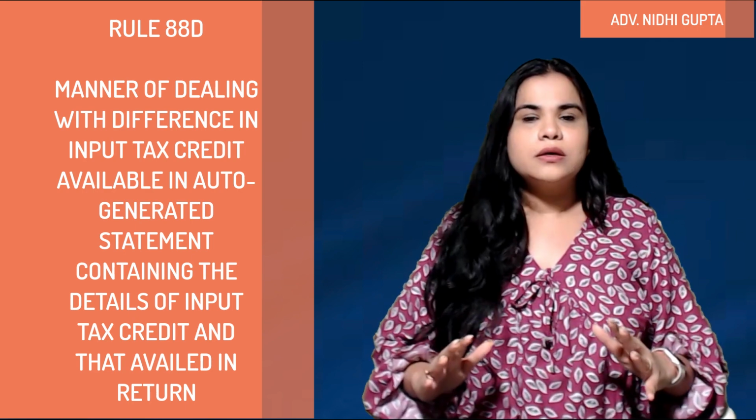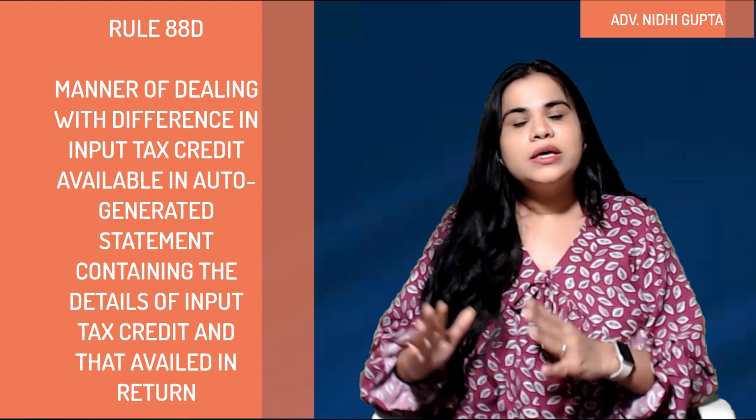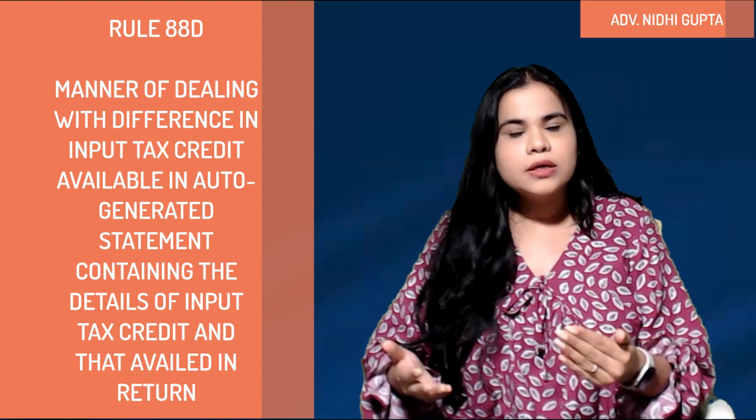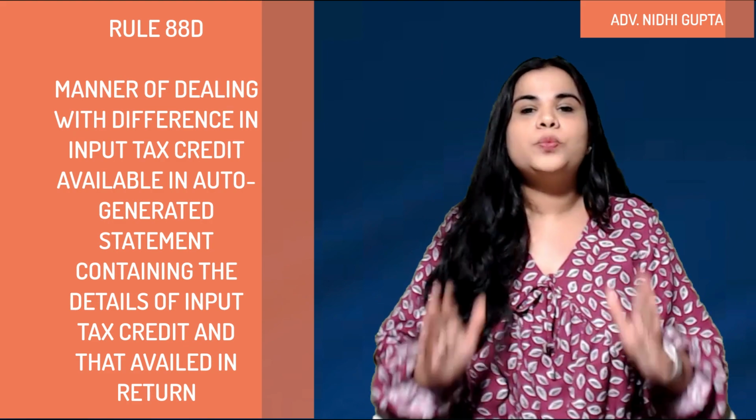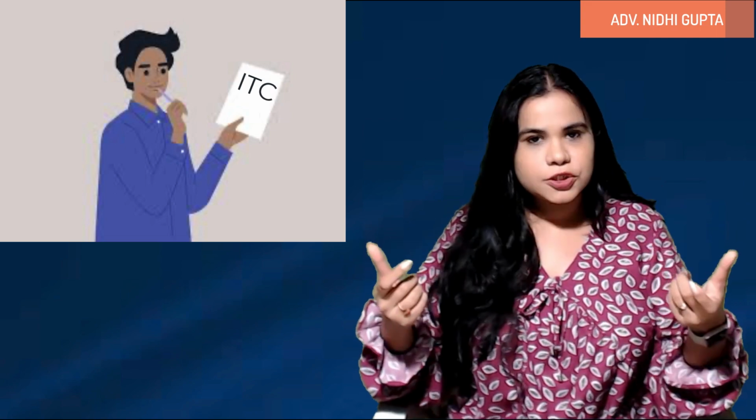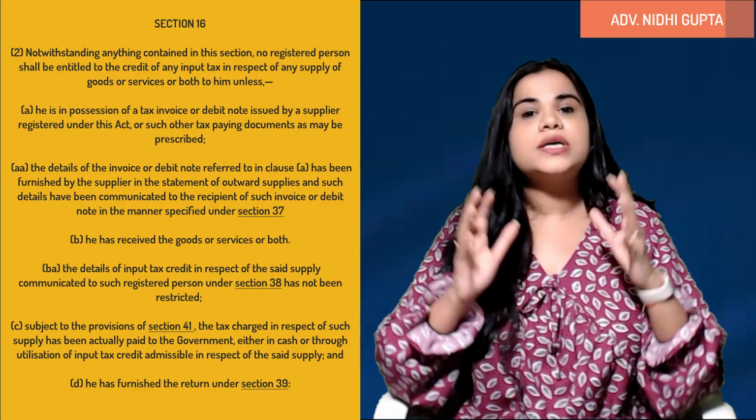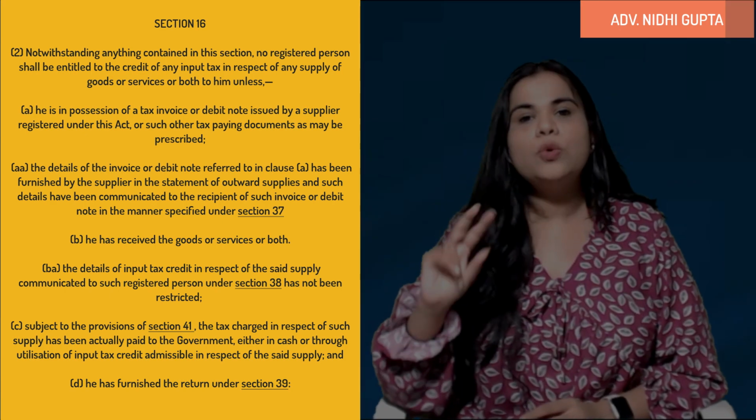Before starting, Rule 88D, because it is inserted in the CGST rules, is going to be prospective in nature. Now, we all are aware that before any recipient avails input tax credit, he has to satisfy certain conditions. Those conditions are specified in subsection 2 of section 16.